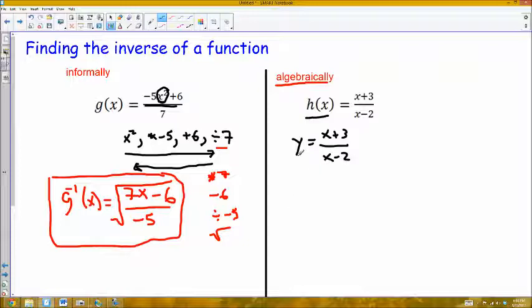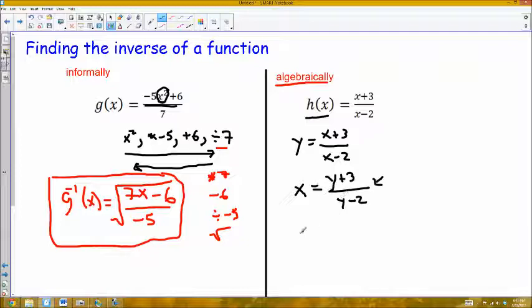My first step is to interchange my x and y values. So I'm going to rewrite this as x equals y plus 3 over y minus 2. And now, this y in this new expression represents the y value of the inverse function. So I need to solve for that y value in order to know what my inverse is.